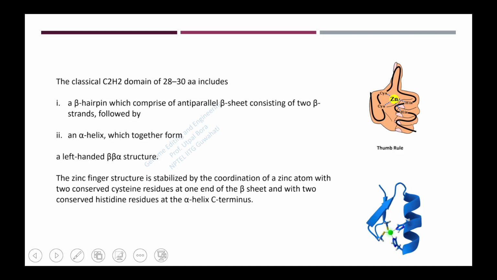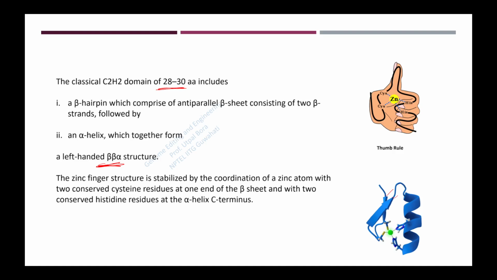So why is it called a finger? Because you can see it is a beta beta alpha structure: 2 strands of beta sheets, 1 and 2, and 1 alpha helix, and a total of 28 to 30 residues are included, and it makes a finger-like structure. That is why it is referred to as a zinc finger.